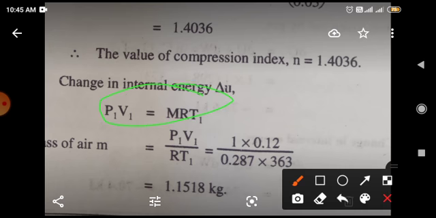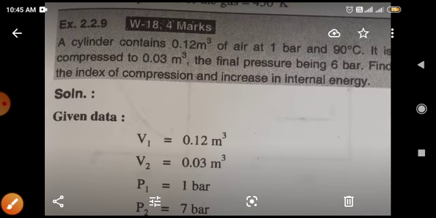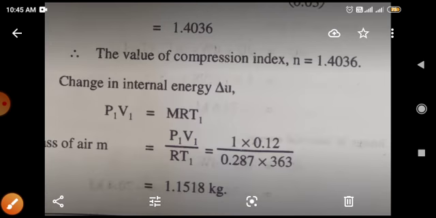So put all these values and you will get the mass. They have asked to calculate change in internal energy. So once you get the mass, then for internal energy the formula is m Cv (T2 minus T1).